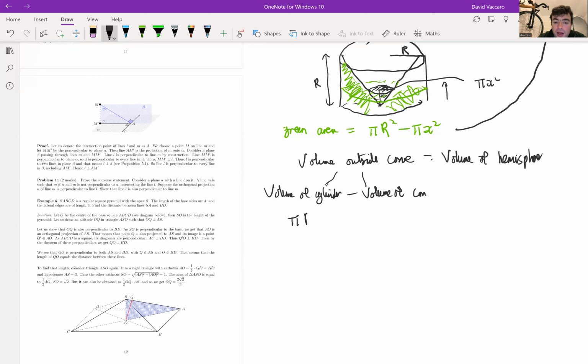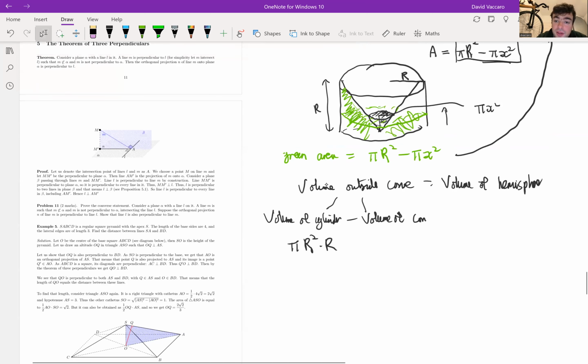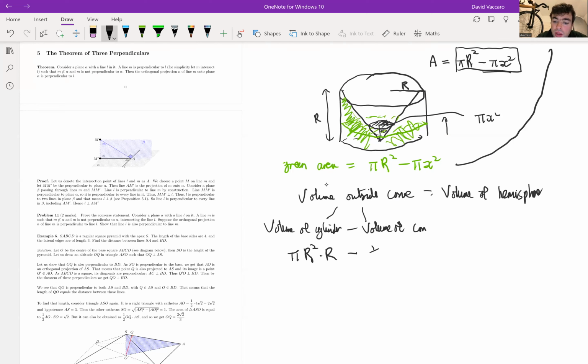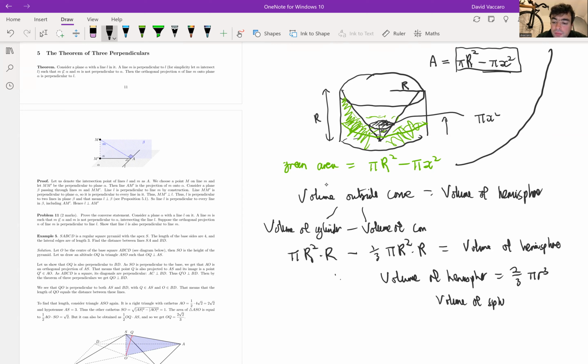So we've got pi R squared times R, so that's just a prism, because pi R squared is the area of the base of the prism, and because it's a cylinder, a cylinder is a prism, and the height is R. And then the volume of a cone is 1/3 pi R squared times its height, which is R. So therefore, the volume of the hemisphere is equal to 2/3 pi R cubed, and the volume of a sphere is equal to 4/3 pi R cubed.